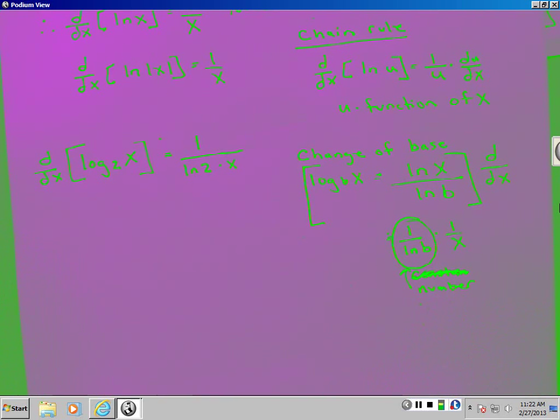So when I'm taking log base 2, I have 1 over ln of 2, which is just a number, times 1 over x. So that's why we like to use ln of x before any other bases, because the derivative with respect to x of log base e of x is 1 over ln of e times x, which is simply 1 over x, because ln of e is 1.